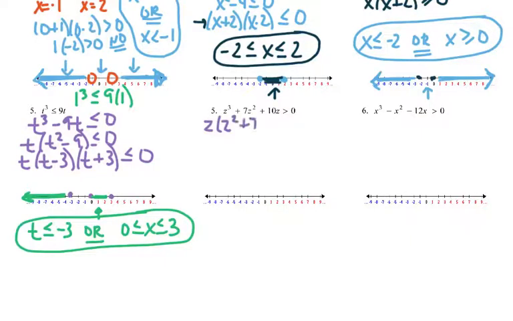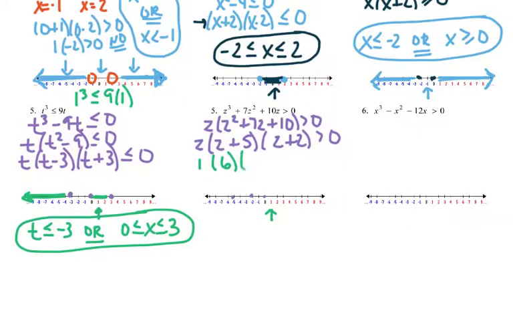Factor out a z: z squared plus 7z plus 10 is greater than 0. Z plus 5, z plus 2. So I'm going to have critical points at 0, at -5, and at -2. Again, it's going to alternate between working, not working, working, not working. So you might as well pick an easy number to plug in. I'm going to pick a 1. I could show this in the factored one: 1 times 1 plus 5 is 6, 1 plus 2 is 3.